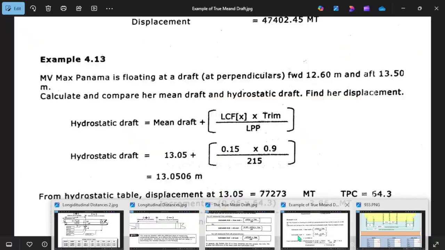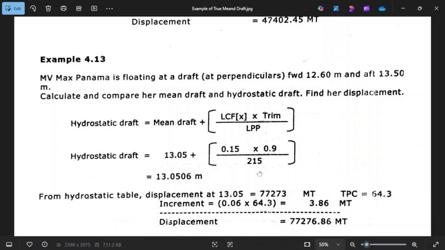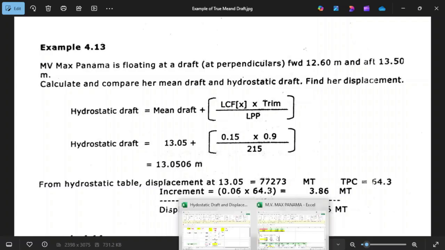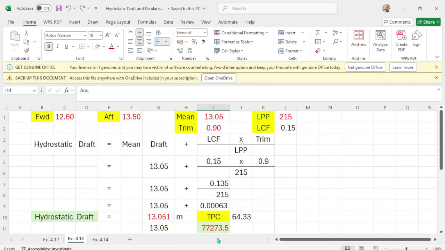13.051, and you got your 13.051 or 06. This is rounded up already. Okay, then what will be its displacement? At 13.05, displacement is 77273.5.